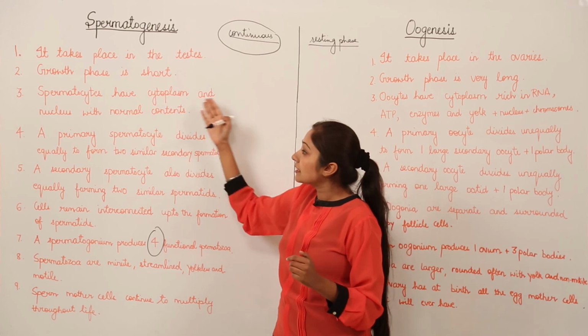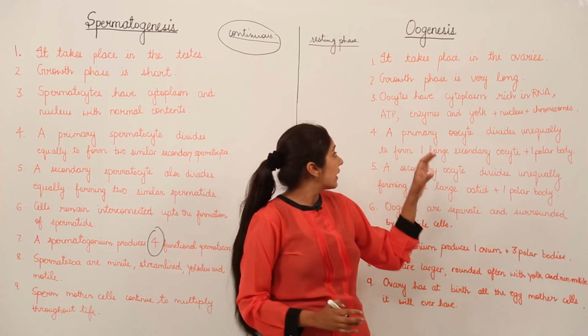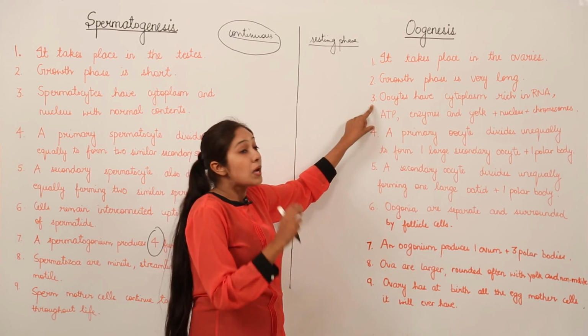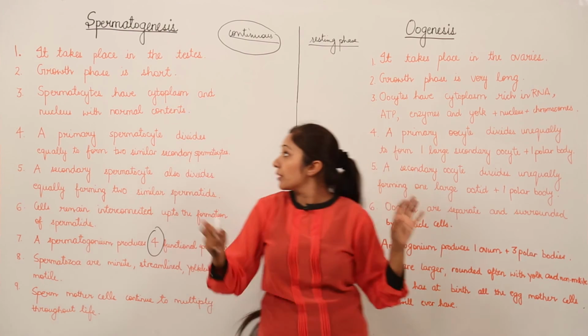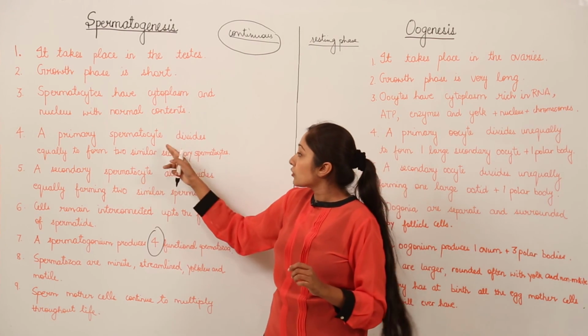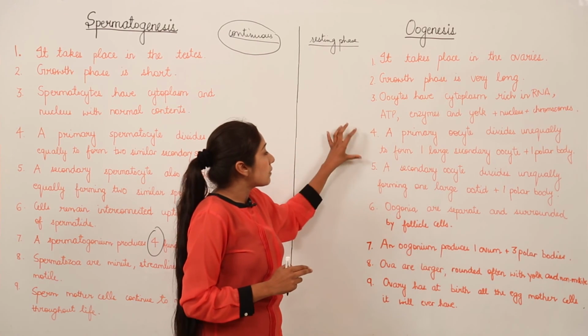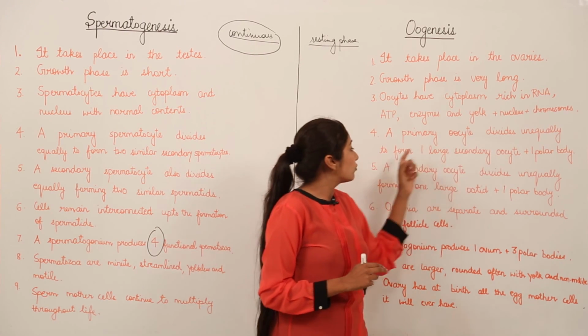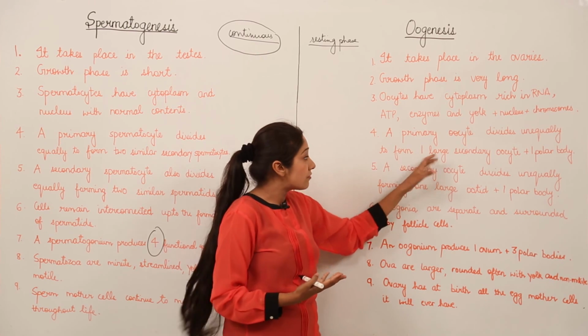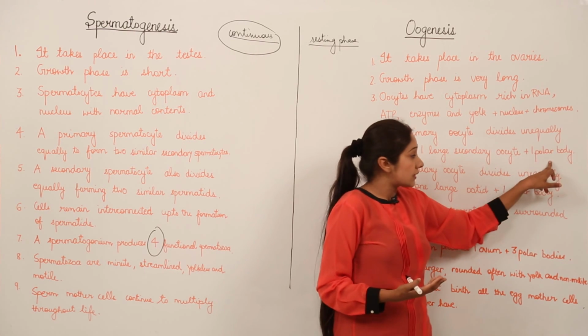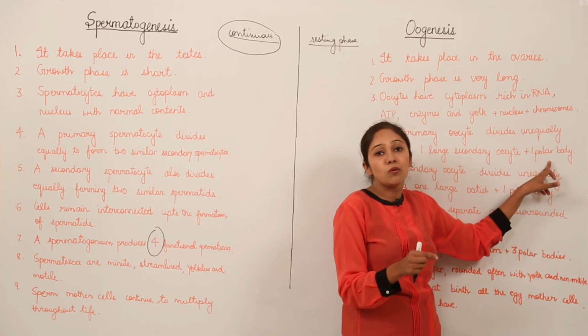Spermatocytes have cytoplasm and nucleus with normal contents, but oocytes have much more content as compared to these. Then a primary spermatocyte divides equally to form two similar secondary spermatocytes, but a primary oocyte divides unequally to form one large secondary oocyte which is functional plus one non-functional minute polar body also.